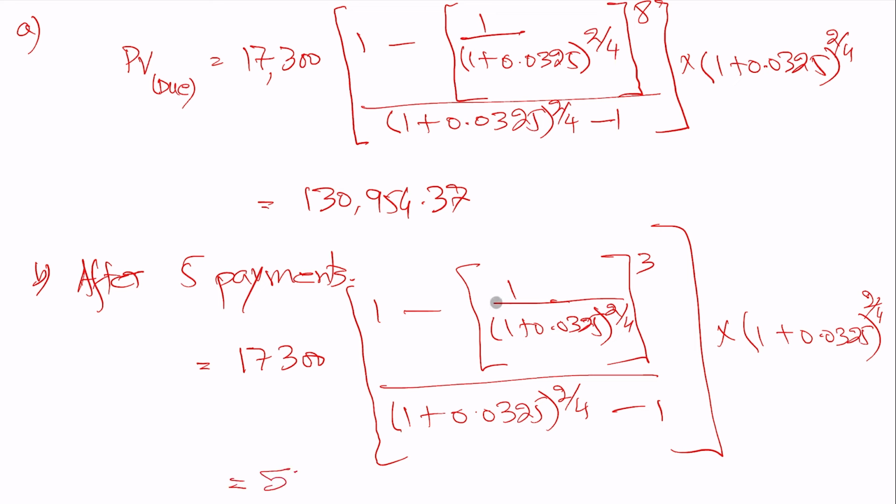After 5 payments, the liability is 51,080.99.